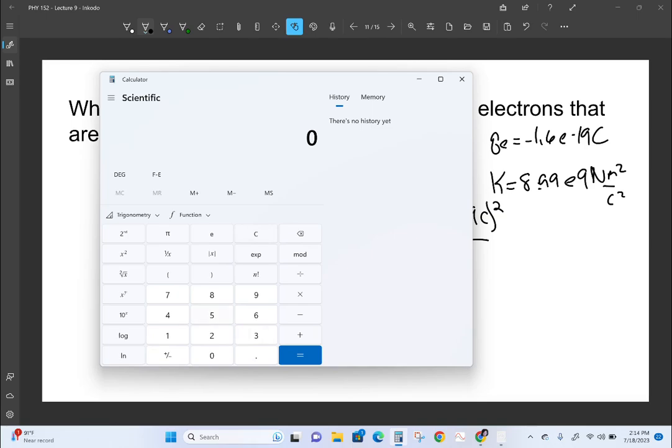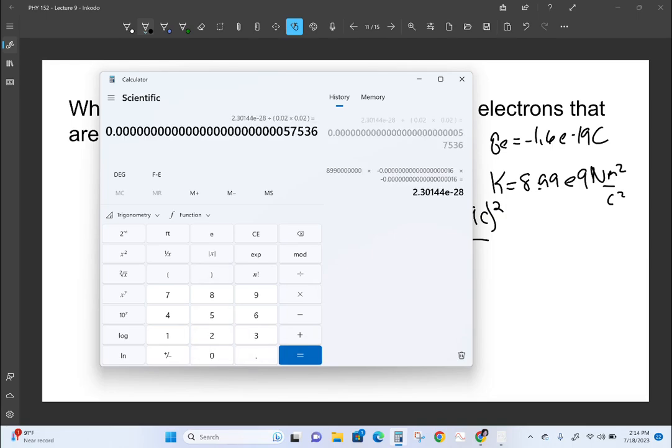All right, let's start over. 8.99 exponent 9 times 1.6 exponent negative 19 times 1.6 exponent negative 19 divided by the quantity 0.02 times 0.02. It's a very small number.